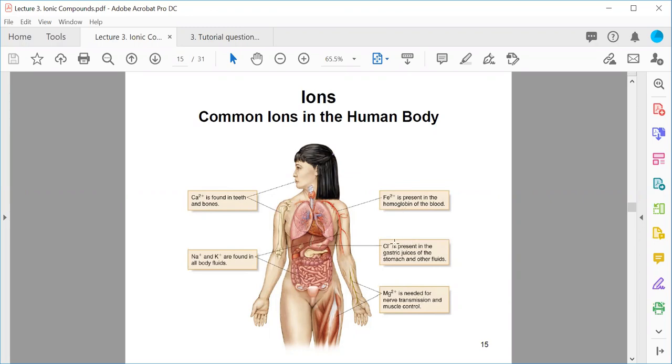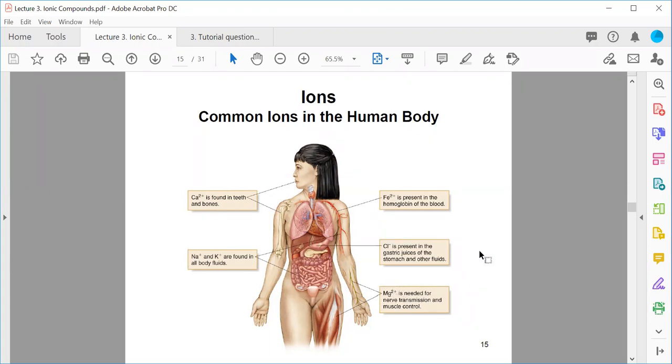What about this? Chloride. Negatively charged chlorine. We have a no. Present in the gastric juices of the stomach, yes, and also other fluids in the body of higher animals. So we've got quite a few no's for this one. Interesting. And the last one, magnesium cation.